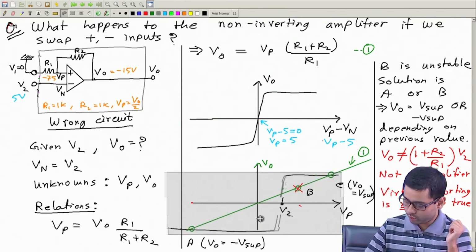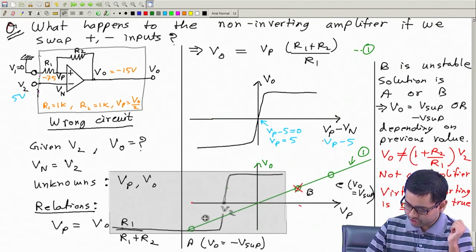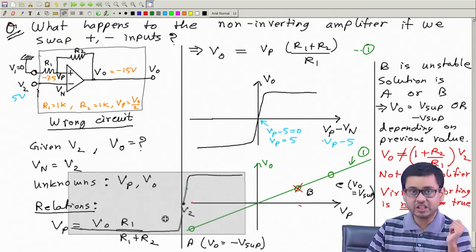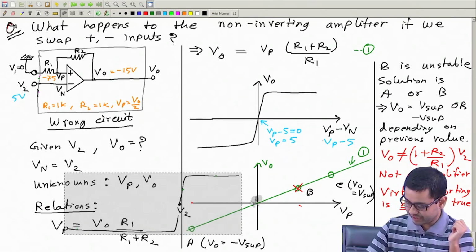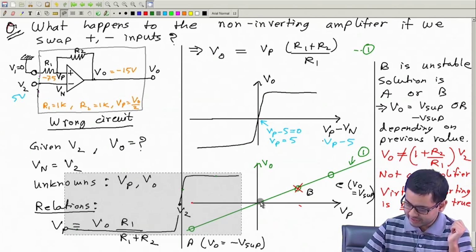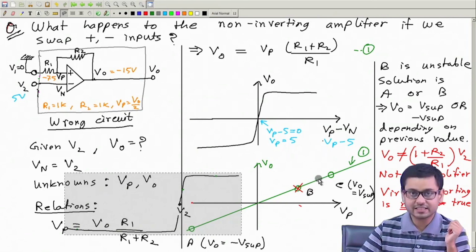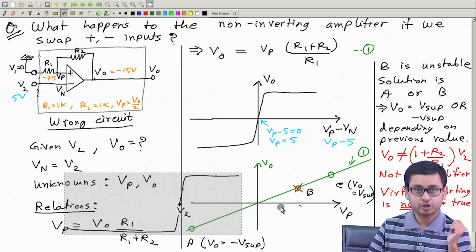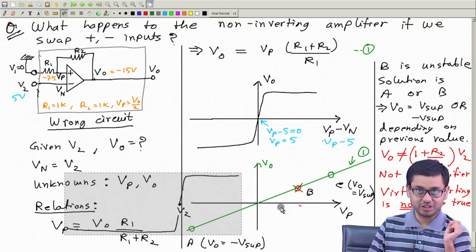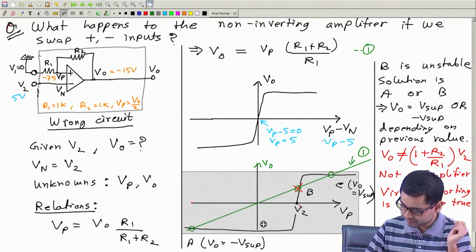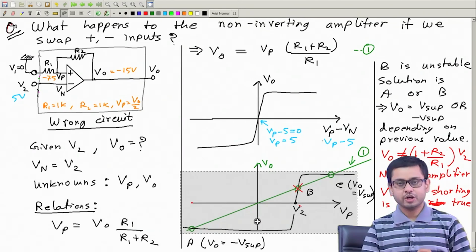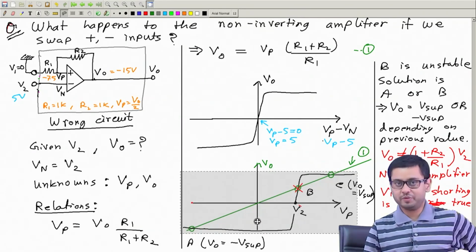Similarly, if I bring it down a lot, the green line, if extended, will intersect the black line only on the right side, at point C. Once again there will be only one solution. So let me bring it back. That means we can have either one or three possible solutions.